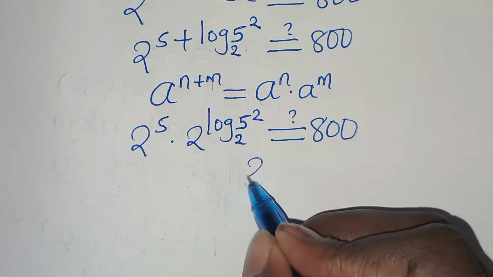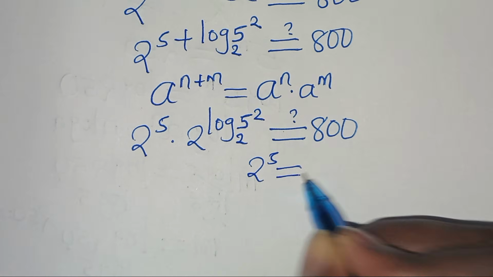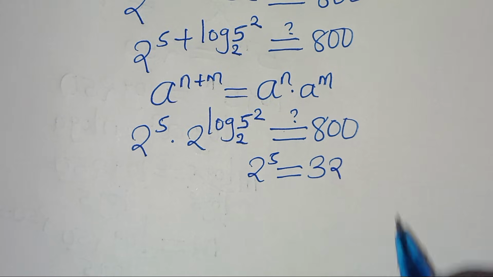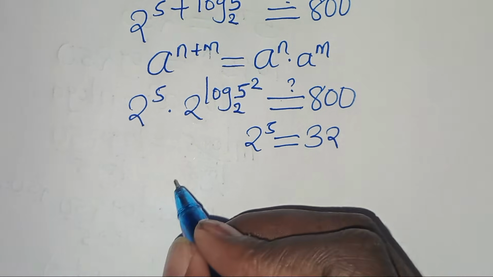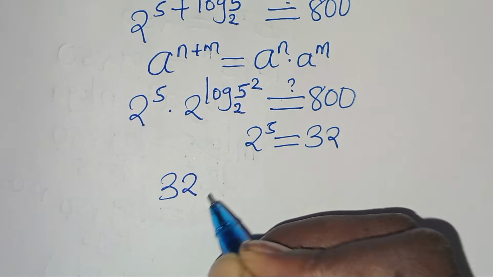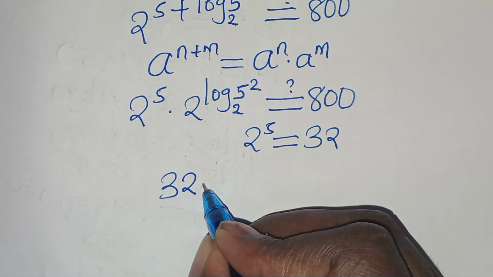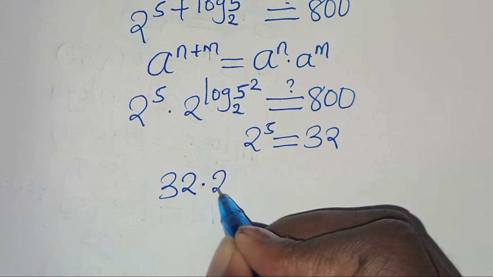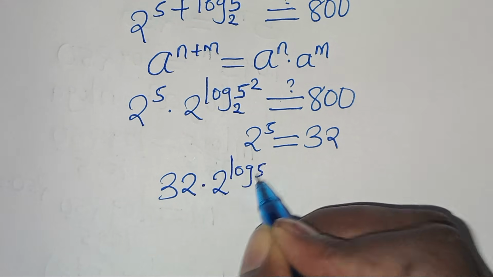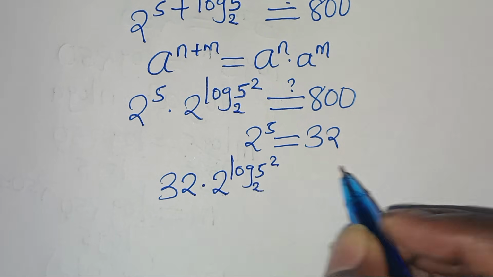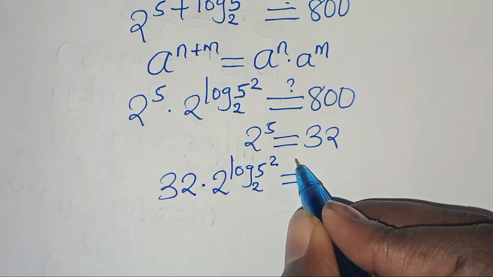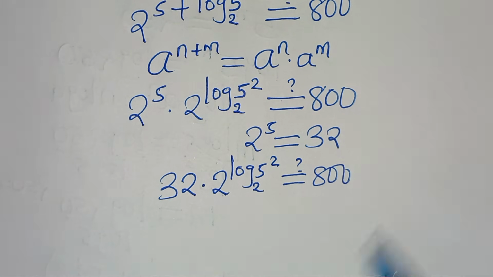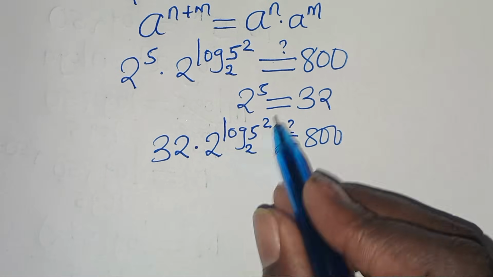So 2 to the power of 5 is equal to 32. We have 32 multiplying by 2 to the power of log 5 squared to base 2.